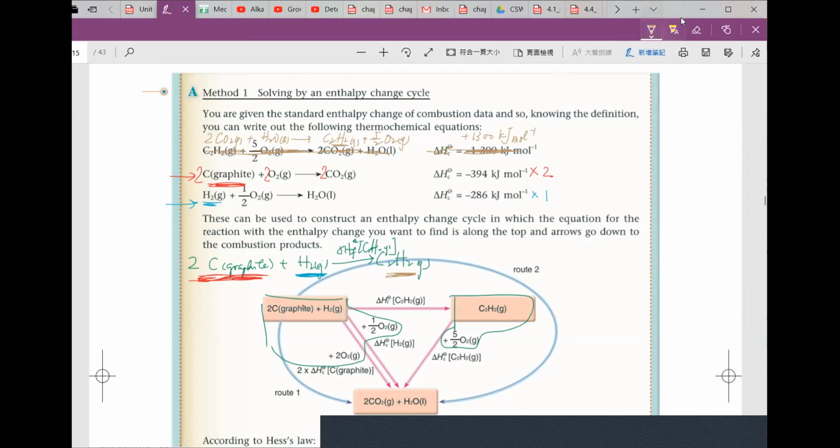So what's next is to try to cancel out some like terms. What are the like terms? Something that I did not highlight with you. Yes, that's right.